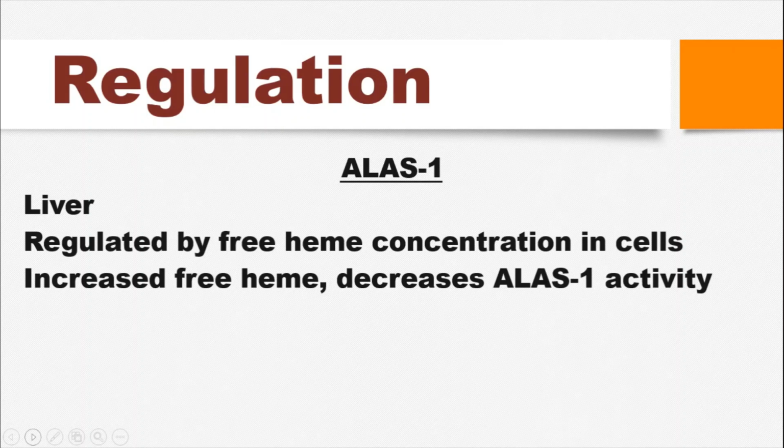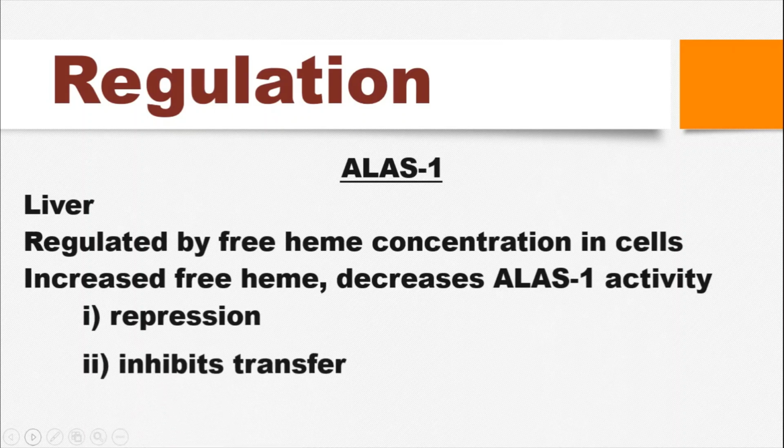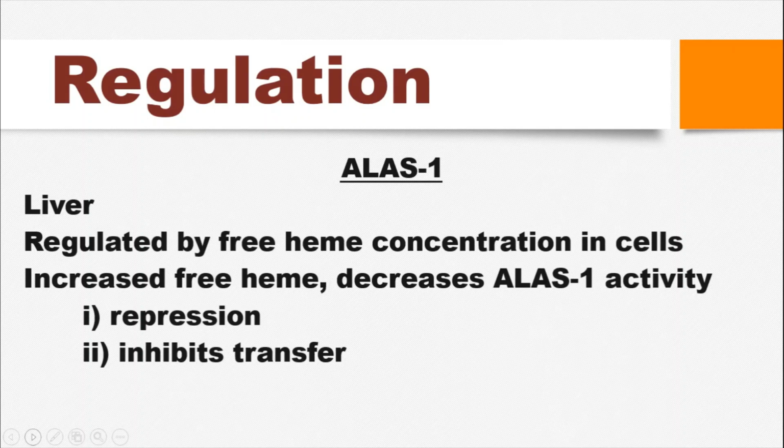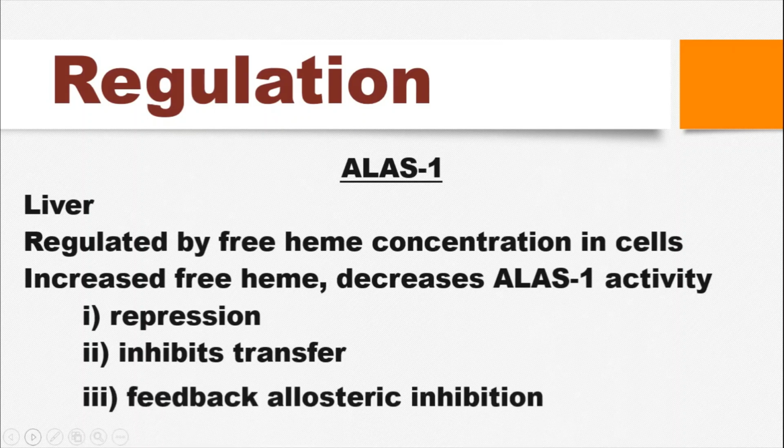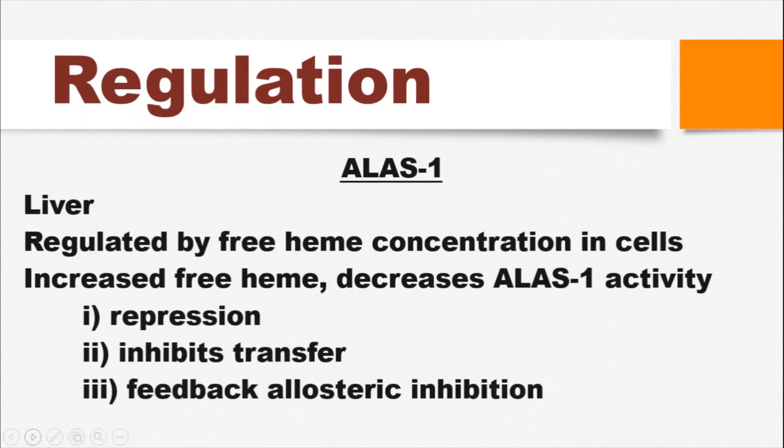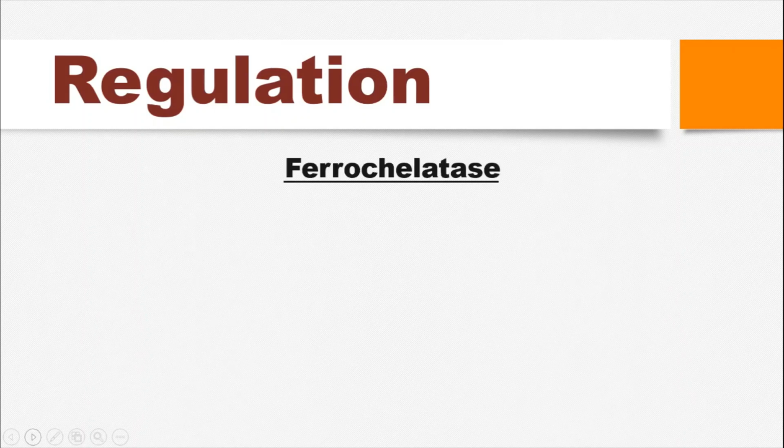Increased free heme decreases ALA synthase activity. There are some mechanisms like number 1, repression mechanism. I am not discussing the detail of this mechanism here. Number 2, inhibits transfer. Number 3, feedback allosteric inhibition. So these are the mechanisms involved in the regulation of ALA synthase 1.